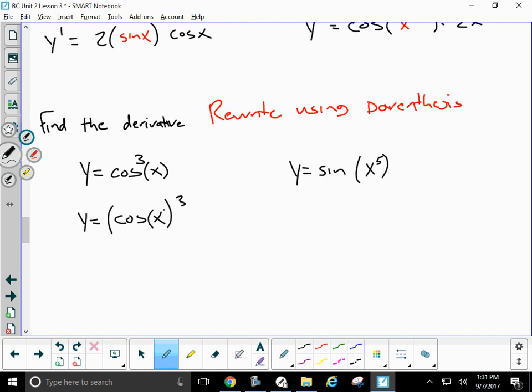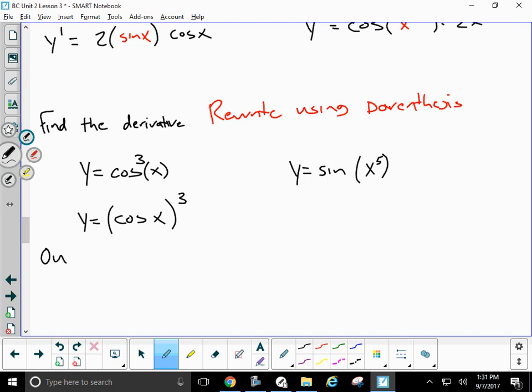I could keep the parentheses around that x, but we know it's just the cosine of x, so it's not necessary to have the parentheses around the x. So those are a little bit misleading, but it's the cube that can be taken out. This is already set up for you to understand the outside and the inside.